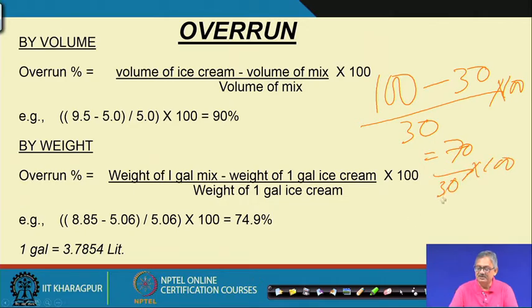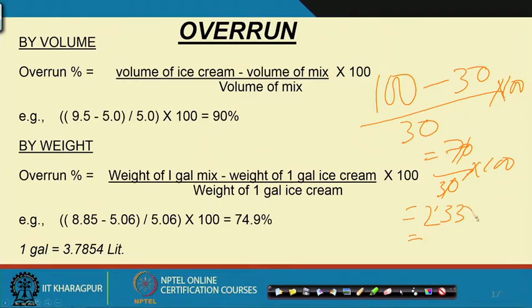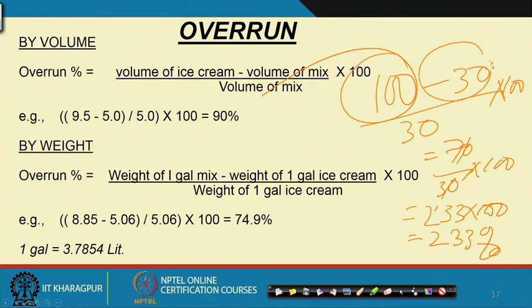So, that is equal to 2.33, right. So, into 100, it is almost 233% overrun, right. So, in 100 ml ice cream, you have given only 30 ml mix, and the rest of the thing is air.